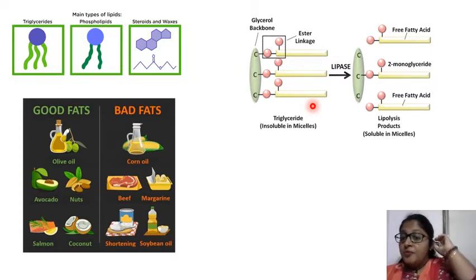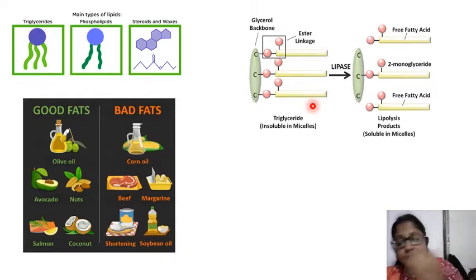First the triglyceride is digested into diglyceride and free fatty acid, then to monoglyceride and free fatty acid, then to free fatty acid and glycerol. So this is step by step how fat is digested by lipase enzyme.